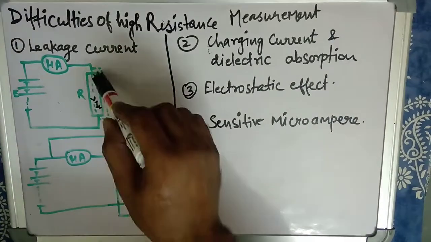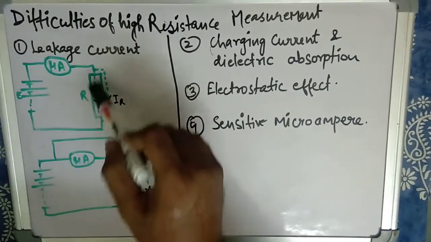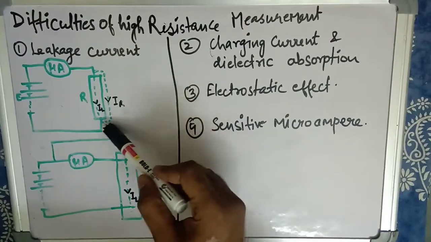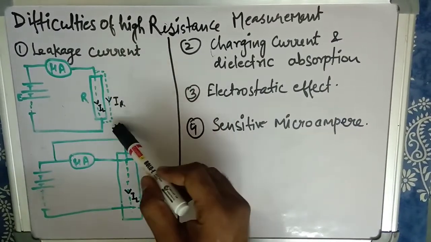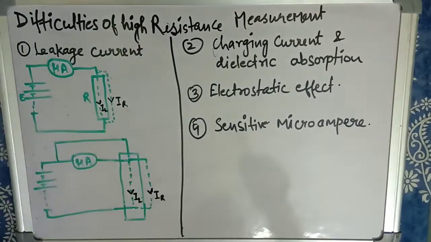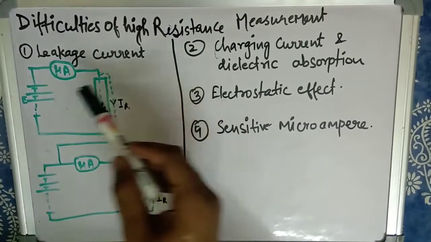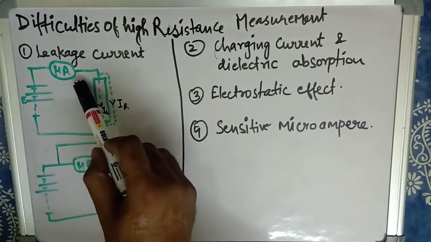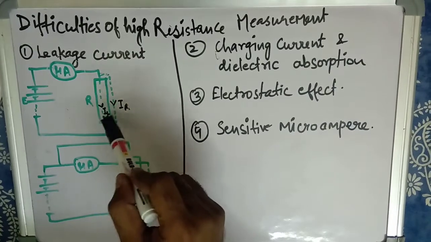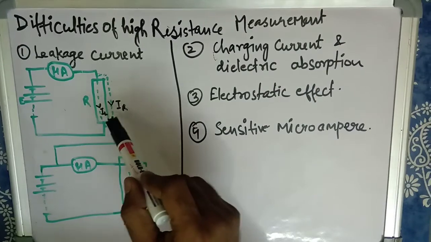When we test the insulation and apply the voltage across it, some leakage current flows across the resistance through the outer layer of the insulation. This counts also in the microammeter. So the microammeter reads the current flowing through the insulation as well as the current flowing outside the insulation.